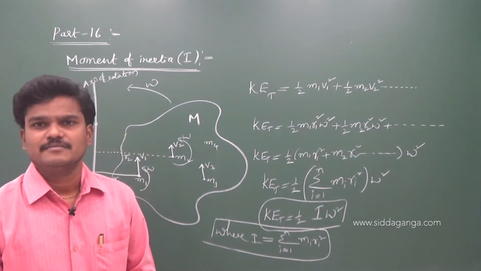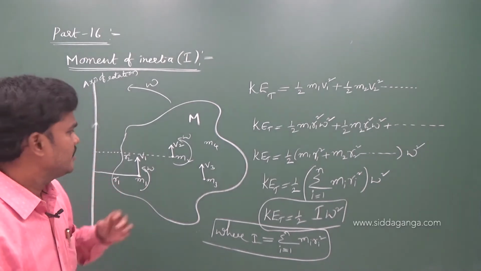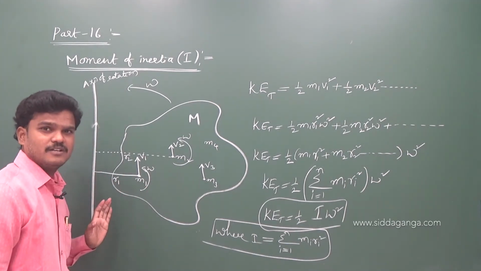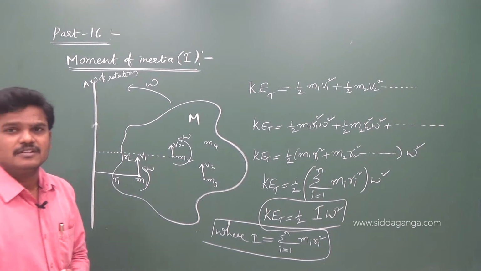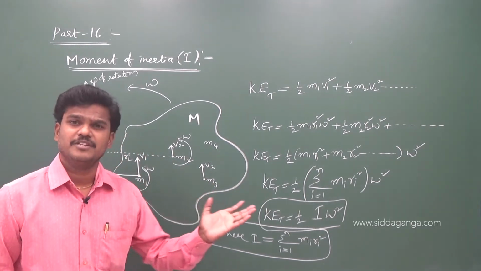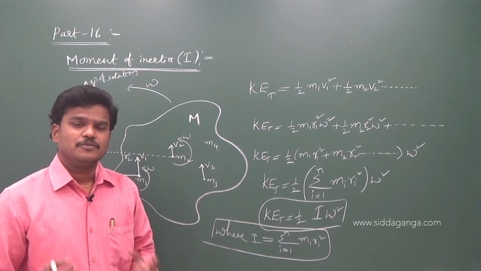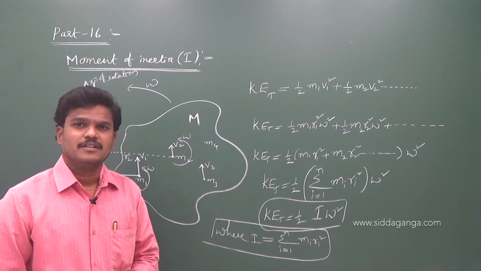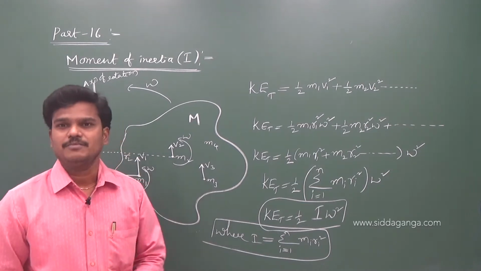I consider a rigid body which is rotating about a fixed axis. That rigid body consists of a number of particles whose masses I have taken as m1, m2, m3, and so on. If you draw a tangent for each particle, that tangent gives the speed of the particle.